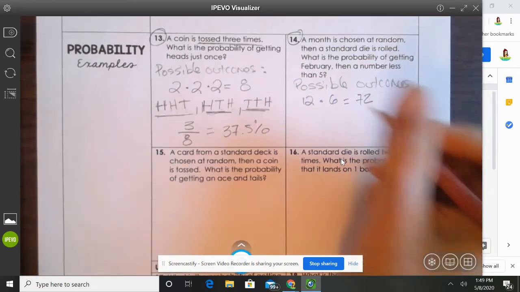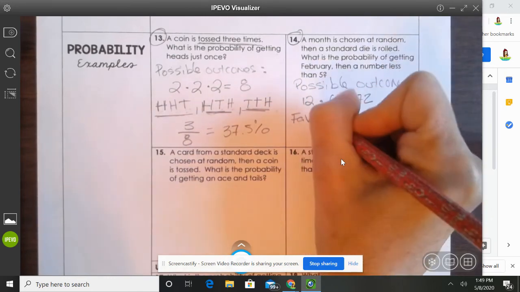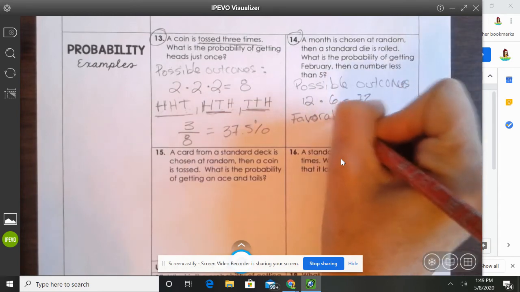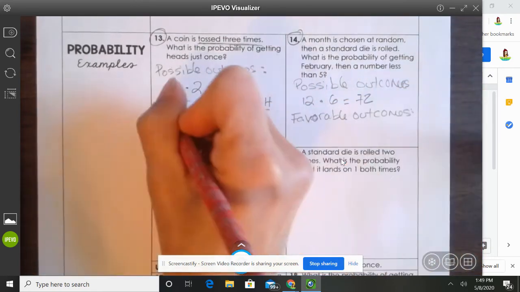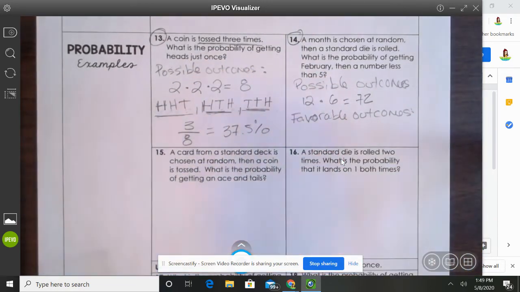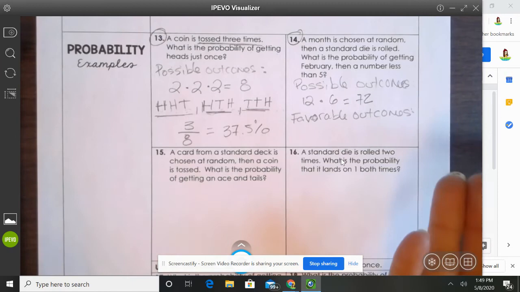And then the favorable outcomes. The numbers less than 5 on a die would be 1 through 4, right?